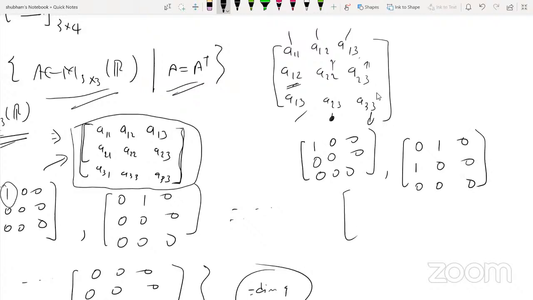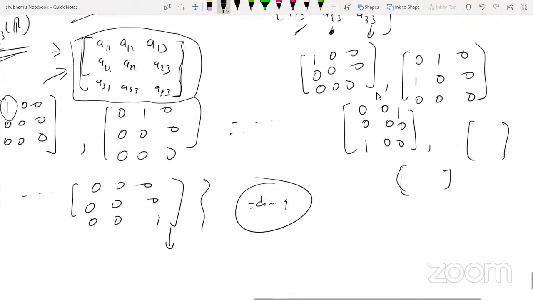Then for A13, assume A13 is 1 and the rest are 0, so 1 3 is here also. Similarly, if you check for A22, A23 and the others, 6 vectors will come.